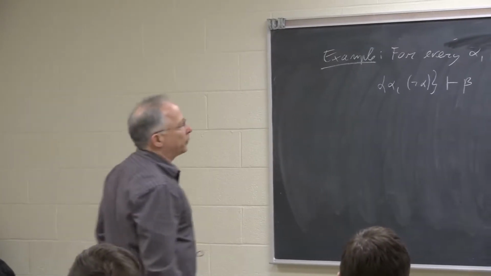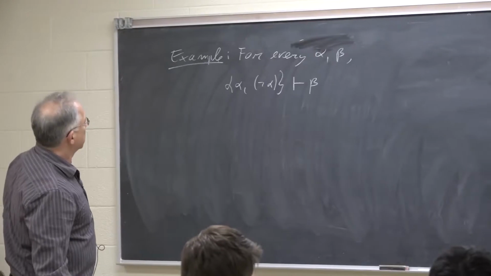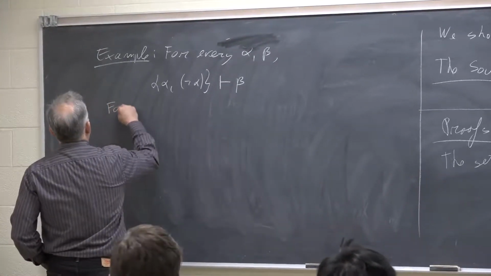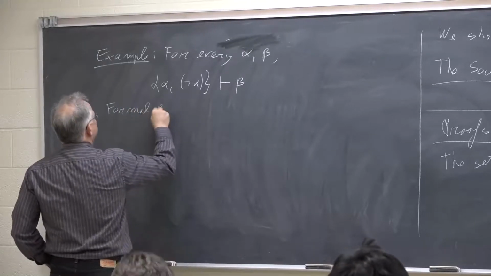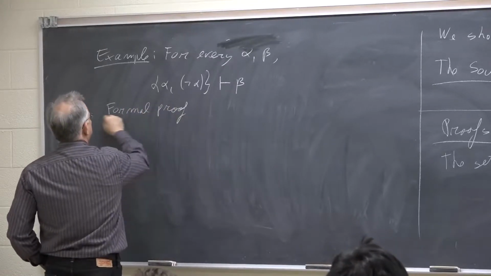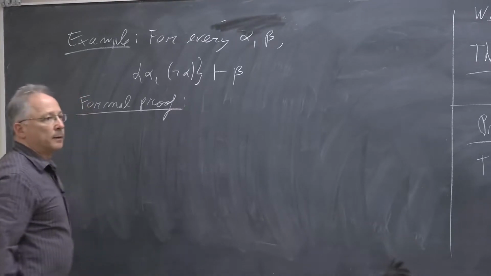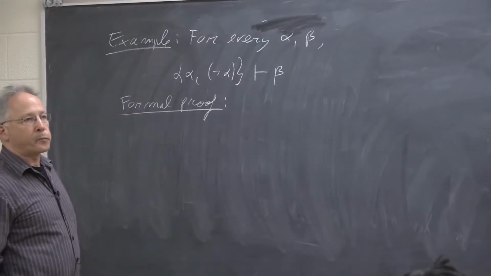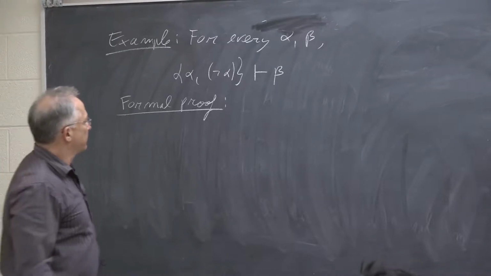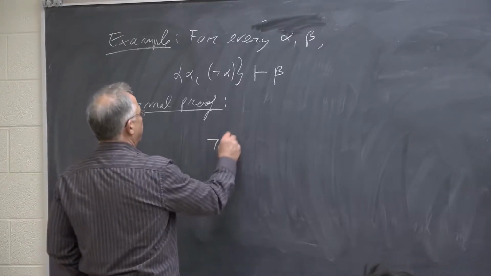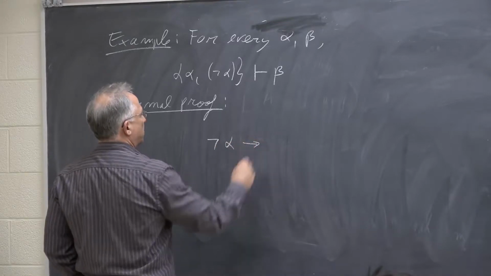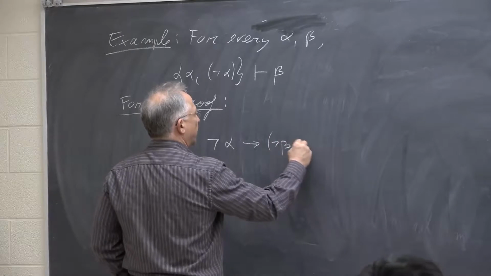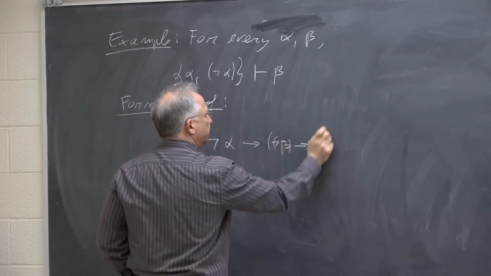Again, I'm going to show you a formal proof. So here is my formal proof. I will start with the sequence not alpha, arrows, not beta, arrows, not alpha.